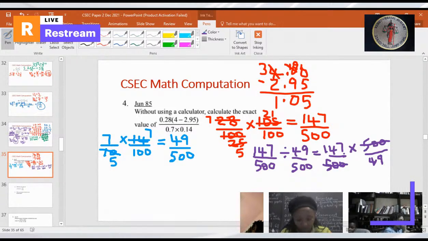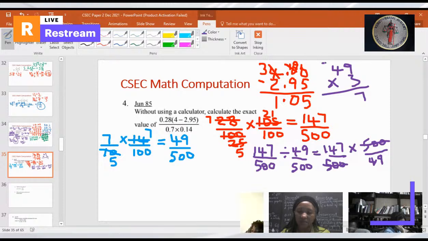What? Which one? Miss, 3. So try multiplying 49 by 3 and see if you get that. Yes, miss. So it's 27, 4 is 12, and 2 is 14. So it goes into it exactly 3 times.